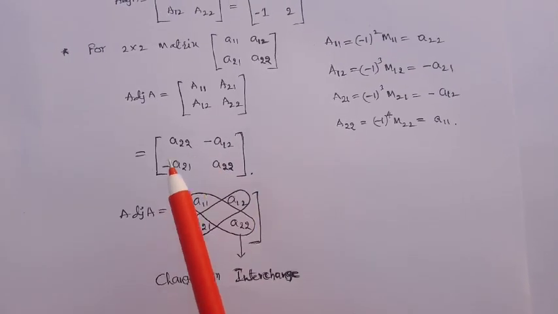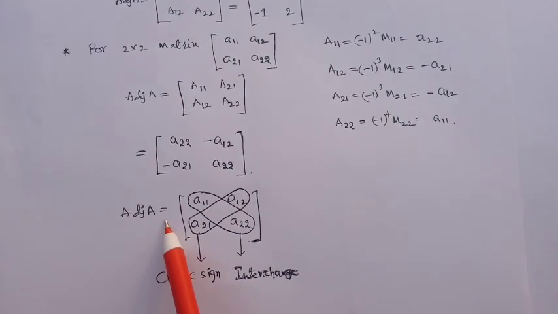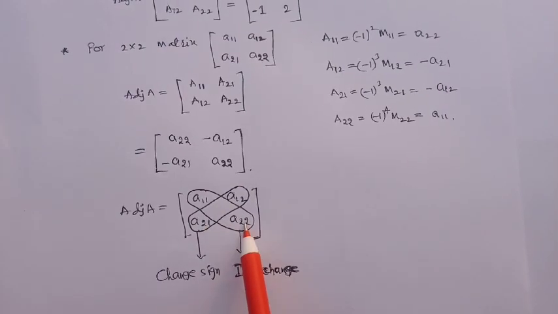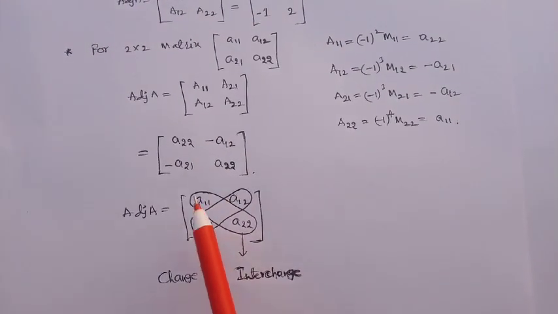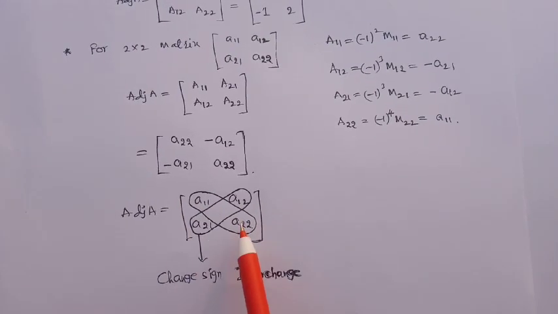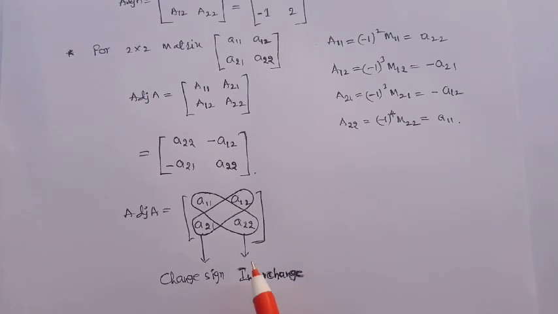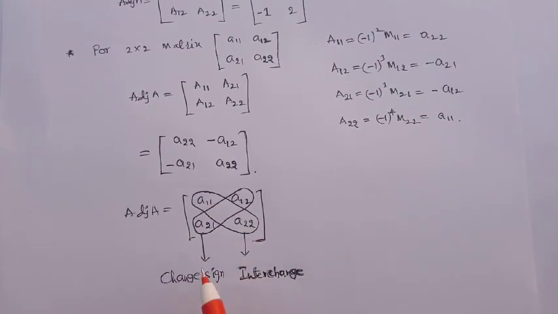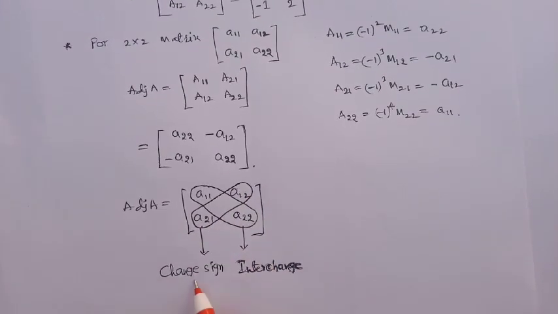Now the same thing can be taken directly. Adjoint of A is equal to [A11, A12; A21, A22], and this A11 and A22 are to be interchanged. So interchange both A11 and A22. And next, keep A12 and A21 in place, change the sign.